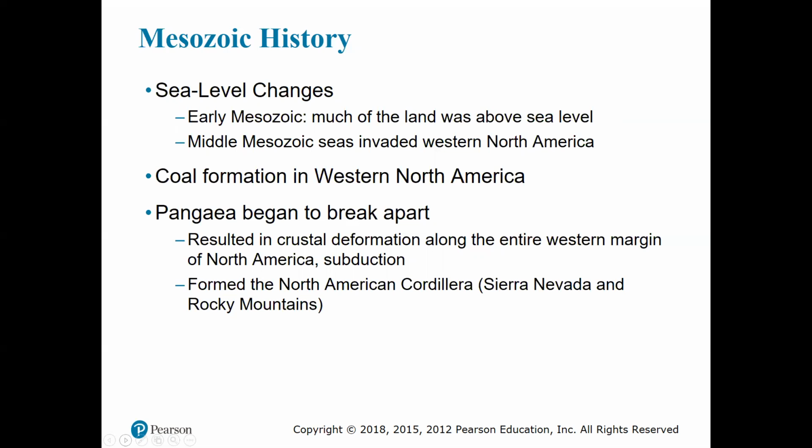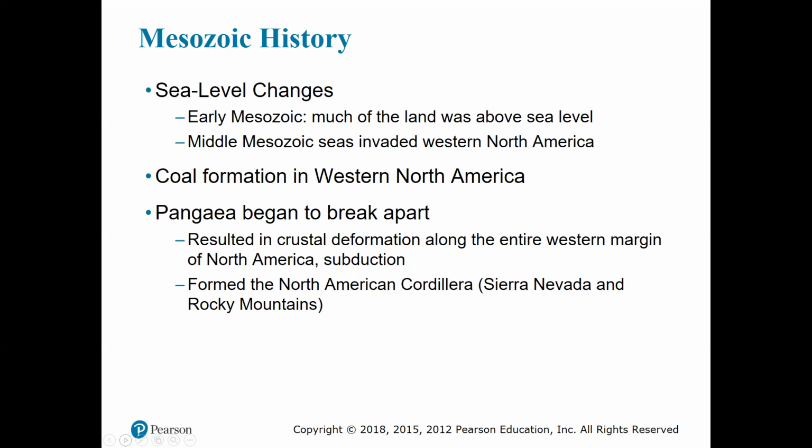So it began with most of the world's continents above sea level. And we can see this in some exposed sedimentary rock. And when we look at this rock, we know that it is terrestrial and not marine.